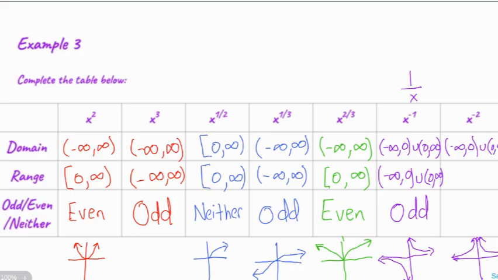When I told you all polynomials have domains of negative infinity to infinity, all power functions with negative whole integer exponents will have the same exact domain. So you can kind of make that a fact and stamp it in place, although our range ends up being from 0 to infinity, and we have that line of symmetry at the y-axis, so this is even.